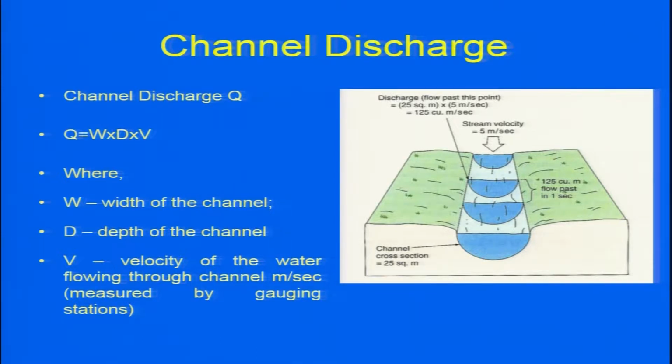If the cross-sectional area varies and you keep the velocity the same, then you may have flooding conditions in the nearby areas.